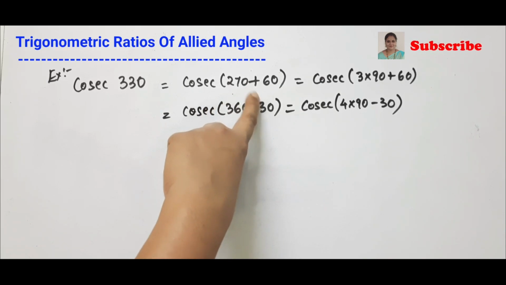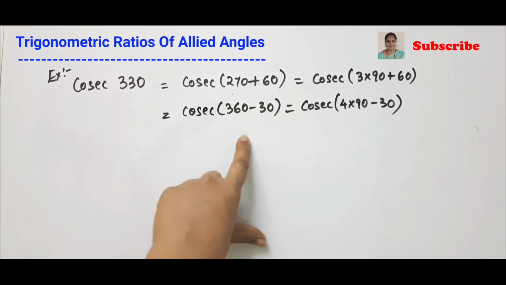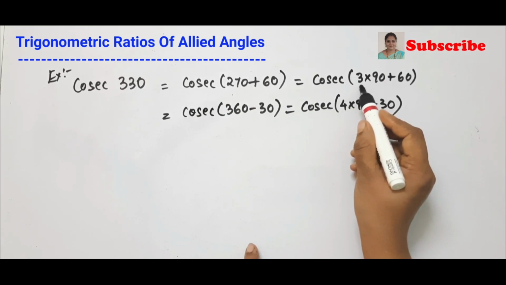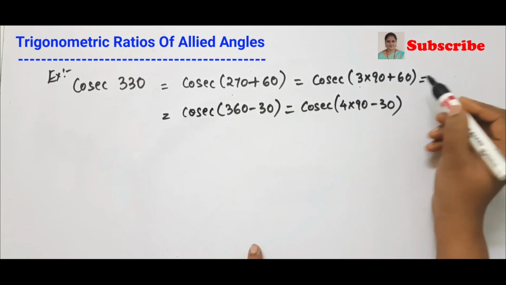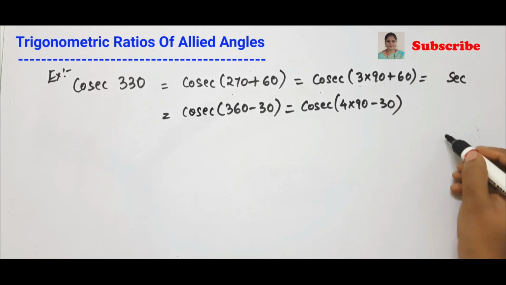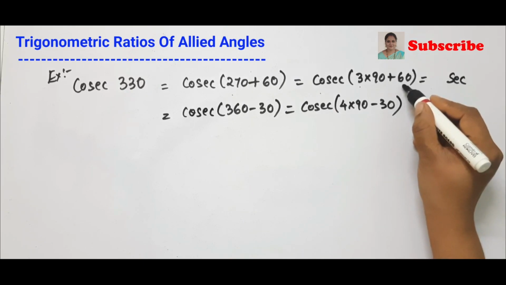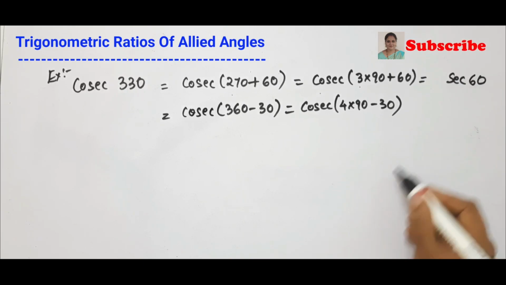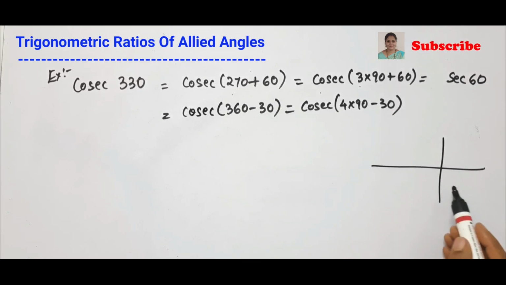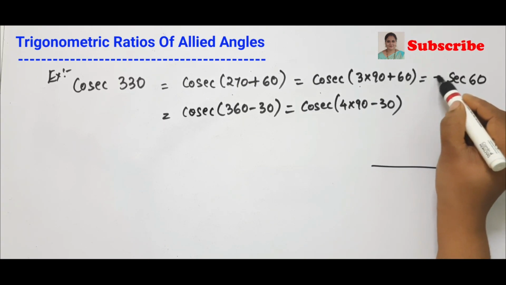Using 270 plus 60 or 360 minus 30, you will get the same result. Here it is an odd multiple, is it not? So it is an odd multiple means cosecant changes to secant. It is clear. So next, here the theta value is 60, so write down 60. Next we have to check in which quadrant it will be. 270 plus theta 60 means it will be in the fourth quadrant. In the fourth quadrant, except cos and secant, the remaining all are negative. So we have to keep a minus sign.